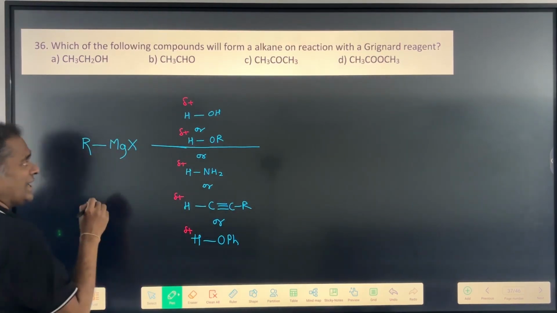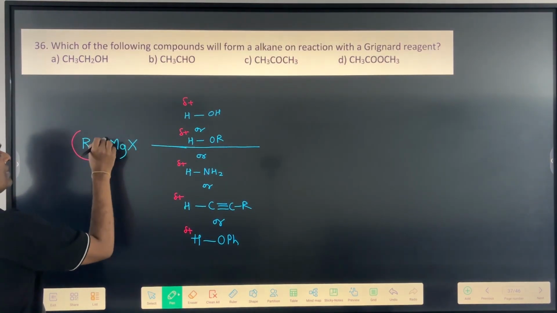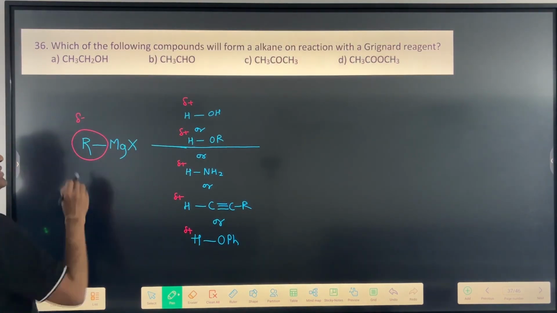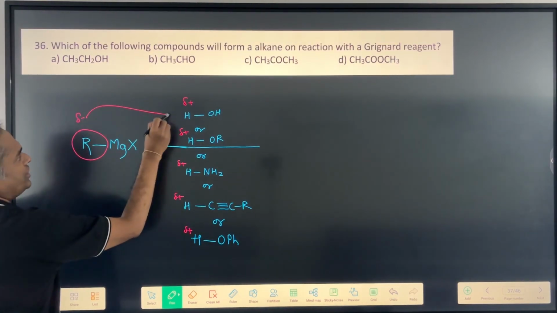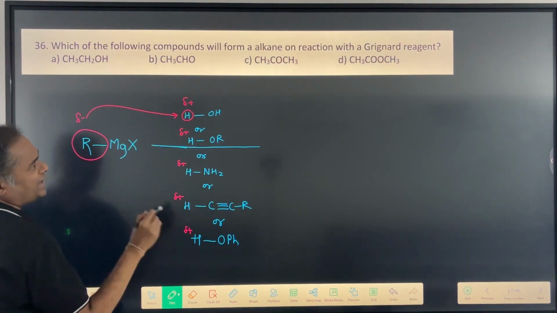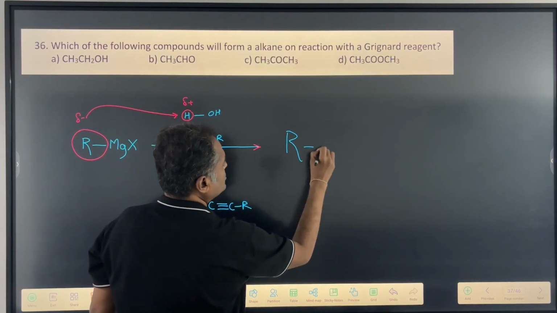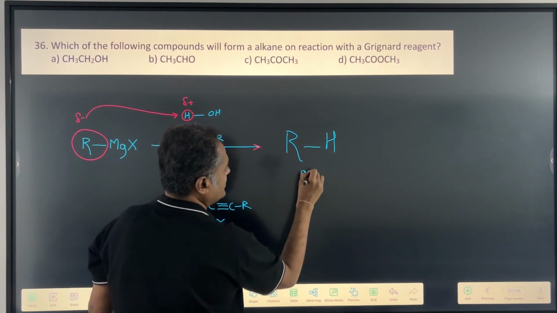Now, we know that in a Grignard reagent, the R part attached to the metal is nothing but a negative part. So this negative part will get joined to the positive part, and I will get the answer as R attached to H, an alkane.